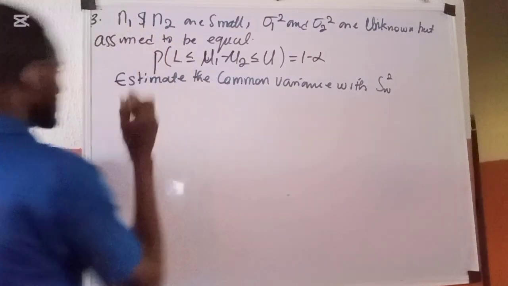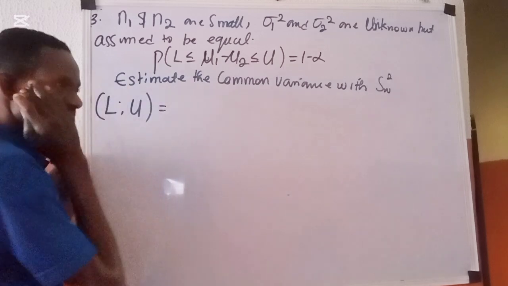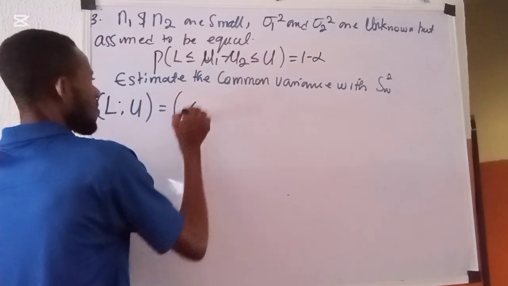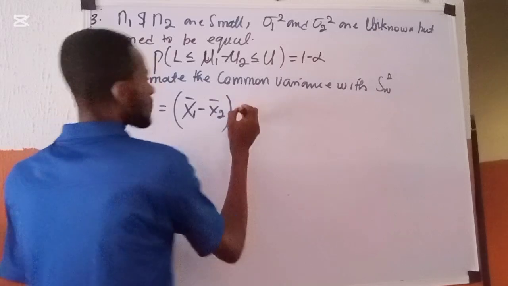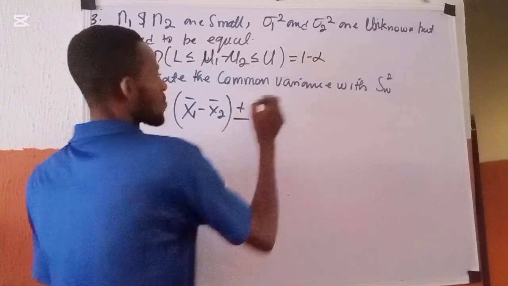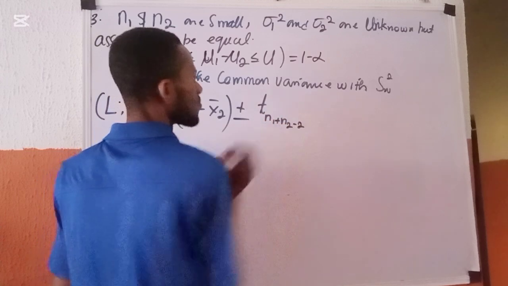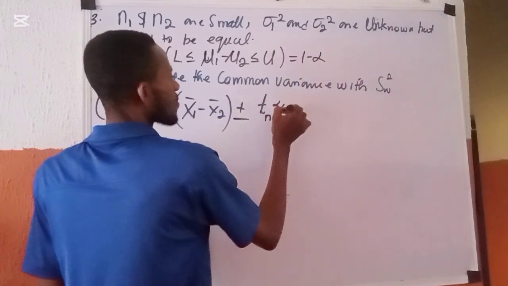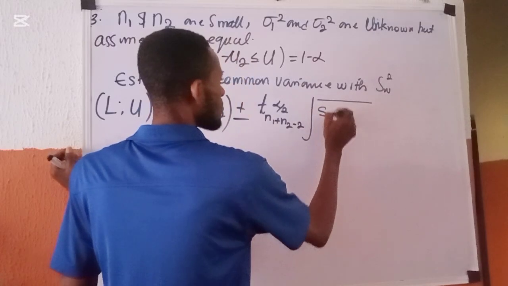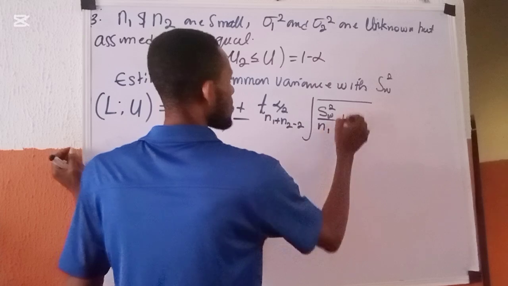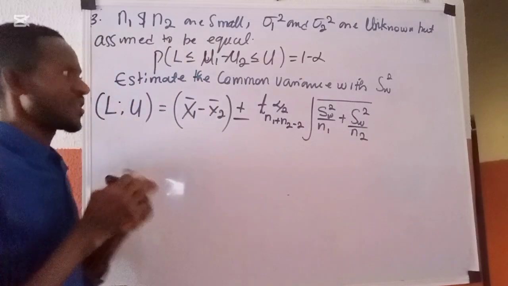So what we are now going to have is our L, U, which is: open the bracket, x bar 1 minus x bar 2, close the bracket, plus minus T of n1 plus n2 minus 2, alpha over 2, times the square root of SW squared over N1 plus SW squared over N2.